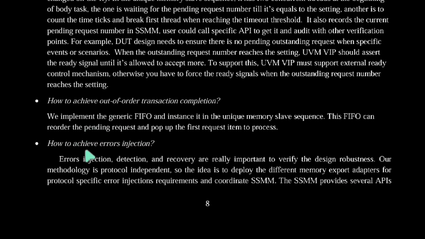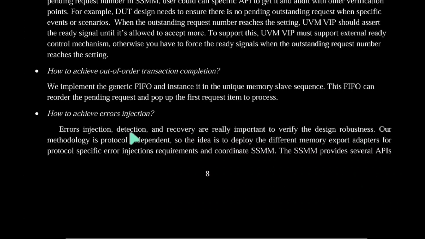How to achieve the error injection? Error injection, detection, and recovery are really important to verify the design robustness. Our methodology is protocol independent, so the idea is to deploy different memory expert adapters for protocol-specific error injection requirements, coordinated with SSMM.